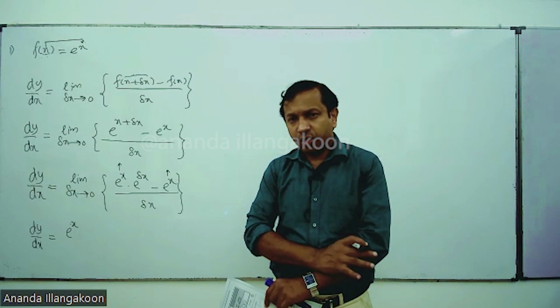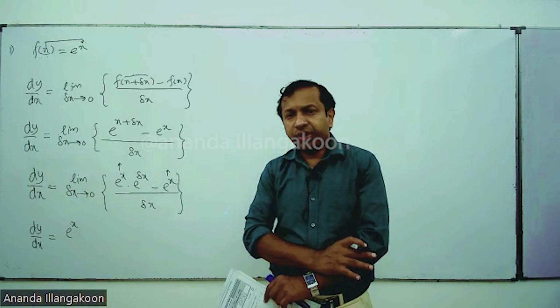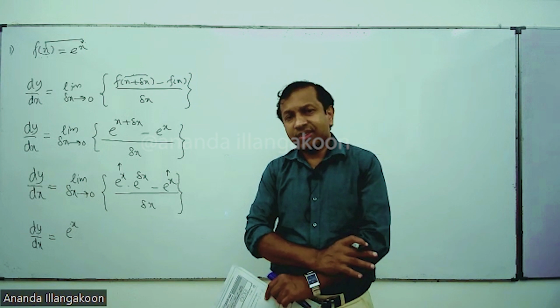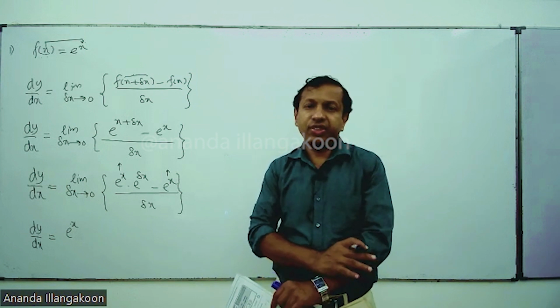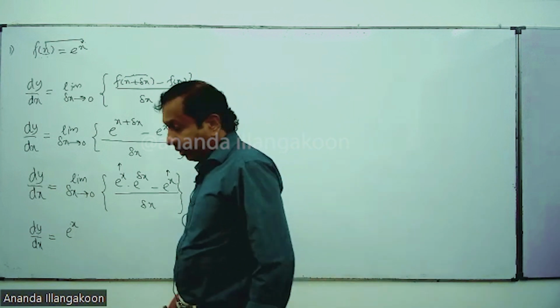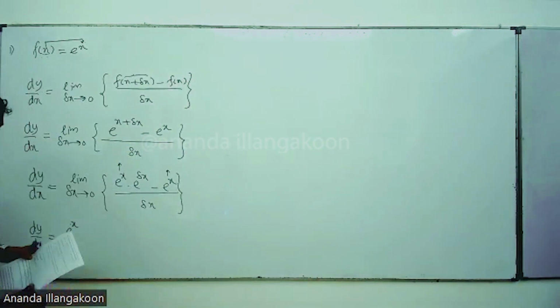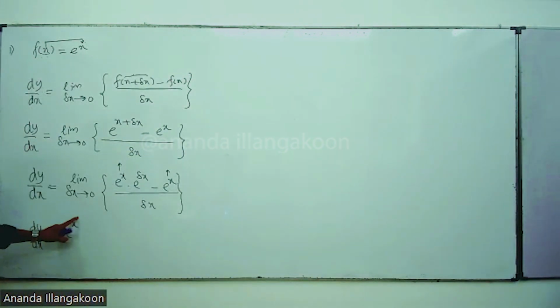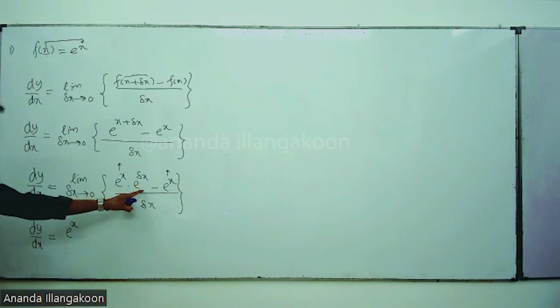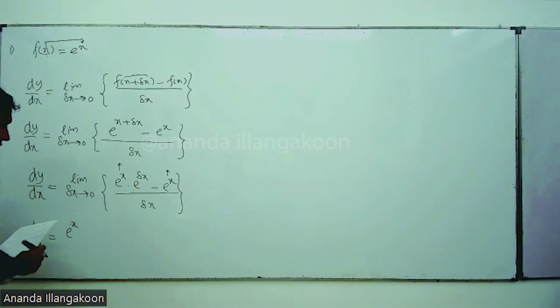That added value is delta x. That added value now going to 0 means it is to say we have not added. That means the x is still the same. That is why we say x doesn't change. Right. So since delta x going to 0 doesn't affect this x, then e^x won't change. That is why we could take this e^x out from this bracket.